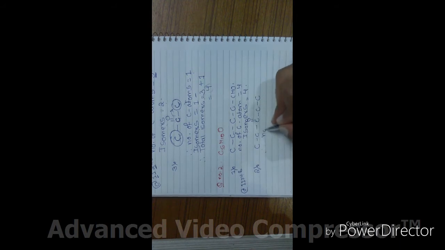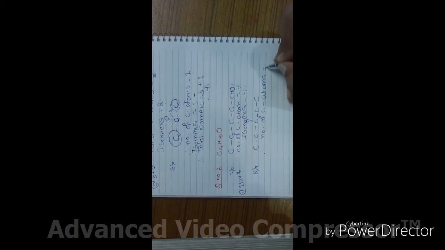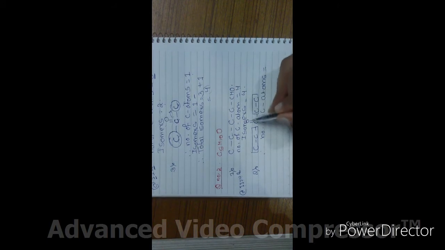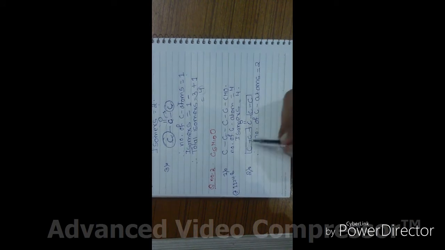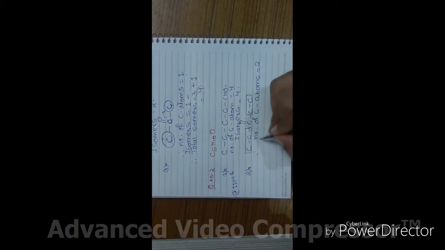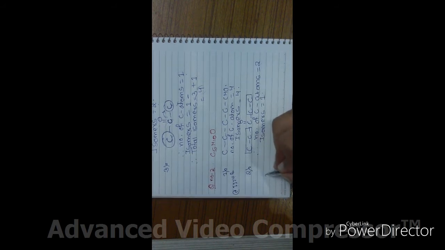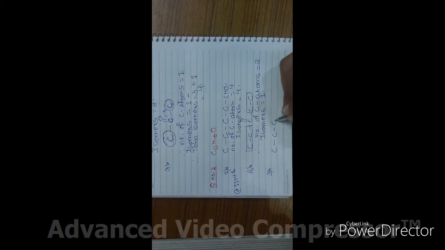So number of carbon atoms: look only at one side of the functional group, both sides are the same, so 2 carbon atoms. So isomers: 2 carbon atoms are present, so 1 isomer. And another structure of ketone can also be drawn, 1 2 3 4 5.